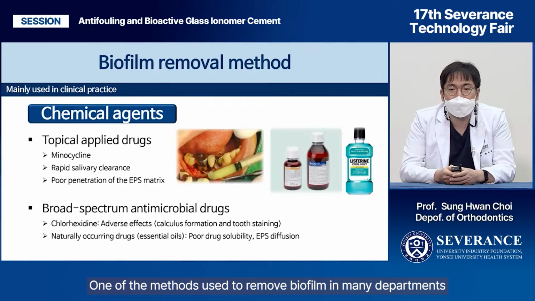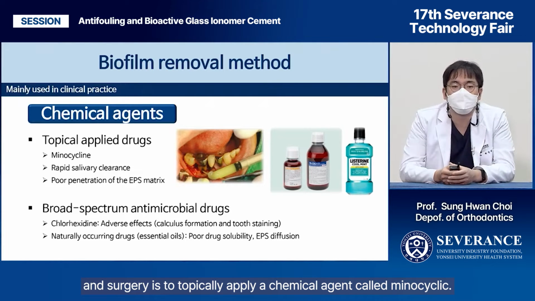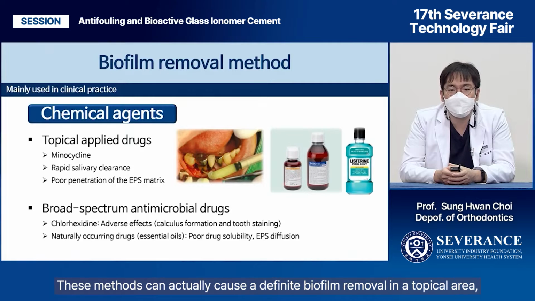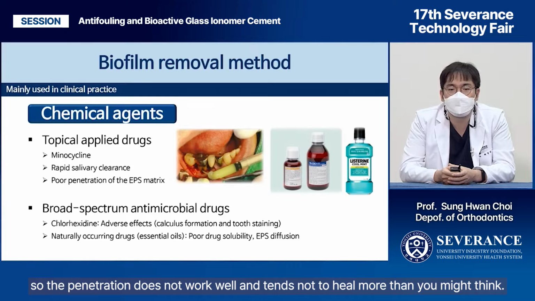One of the methods used to remove biofilm in many departments that currently perform periodontology and surgery is to topically apply a chemical agent called minocycline. These methods can actually cause a definite biofilm removal in a topical area, and the problem is that the EPS is very thick and has a complex structure, so the penetration does not work well and tends not to heal more than you might think.